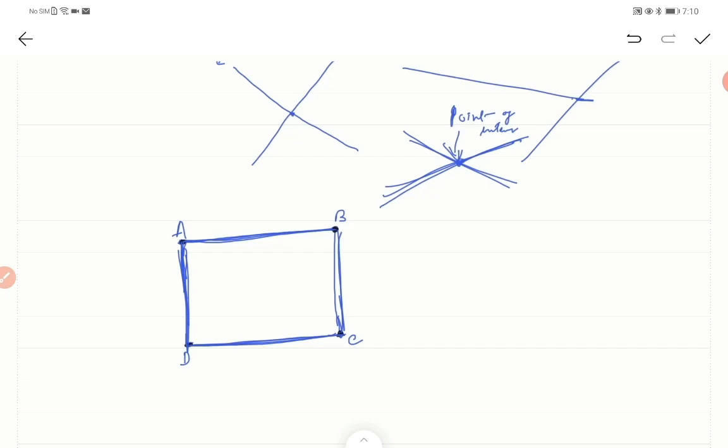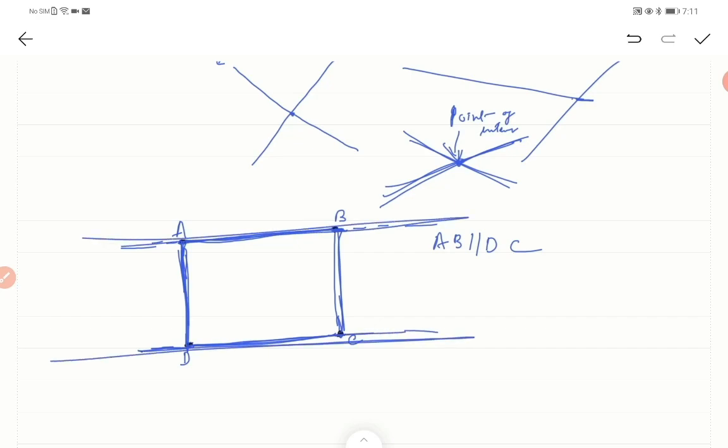You will say AB is parallel to DC, isn't it? When you extend this externally like this, from point A and point B, and here from point D and point C, you can see these two lines are parallel. Why are they called parallel? Because when you extend them, they will not meet at one point.